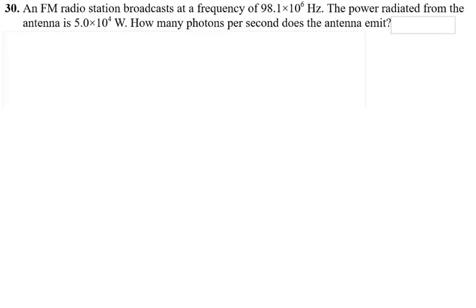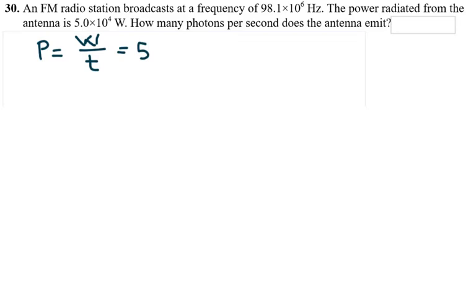For the next question, they say that an FM radio station broadcasts at the frequency of 98.1 × 10^6 hertz. The power radiated from the antenna is 5 × 10^4 watts. How many photons per second does the antenna emit? If they give you the power, the power is equal to how much work happens per time.